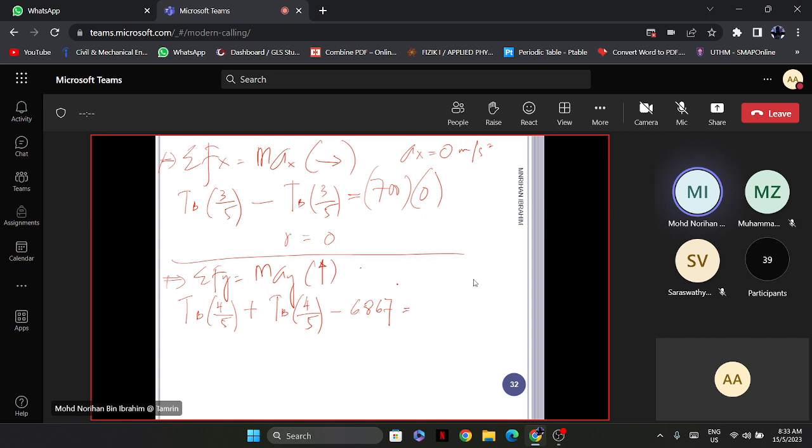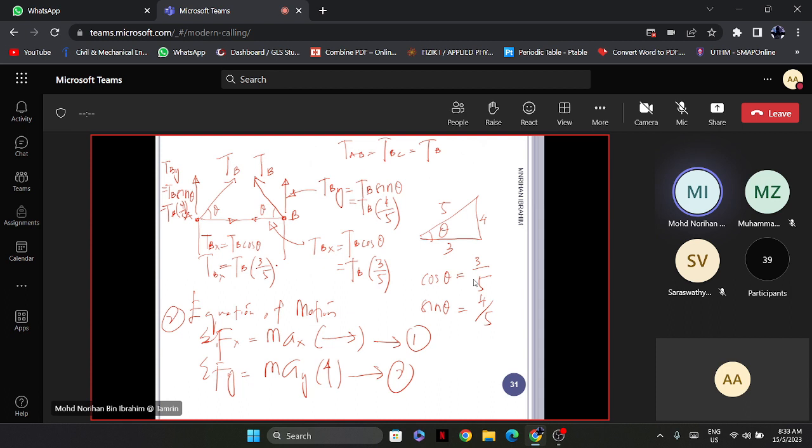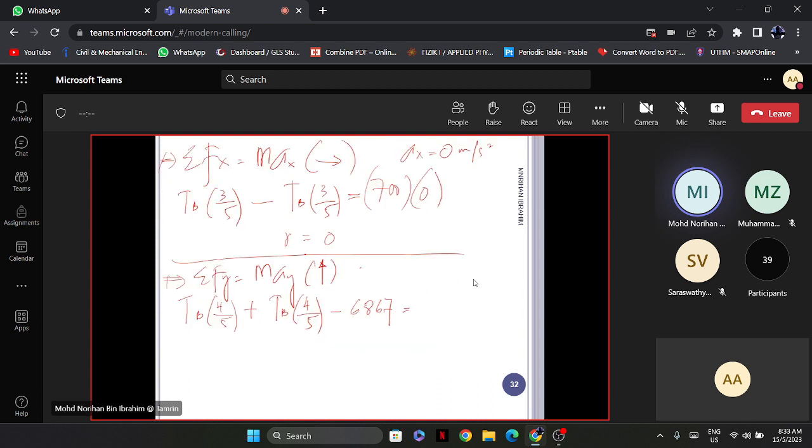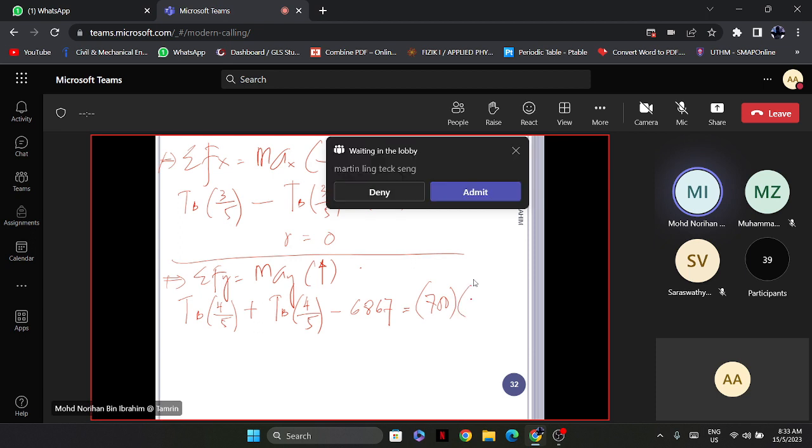No other forces. So only three: TB 4/5 plus TB 4/5 at point A and also at point C, minus W, which is 6867, is equal to the mass, which is 700 kilograms, multiplied by ay, which is 3 meters per second squared.